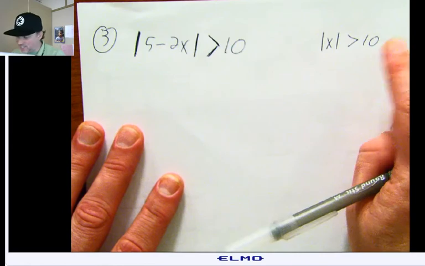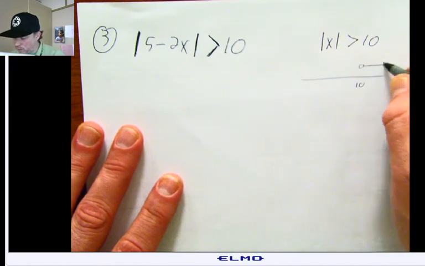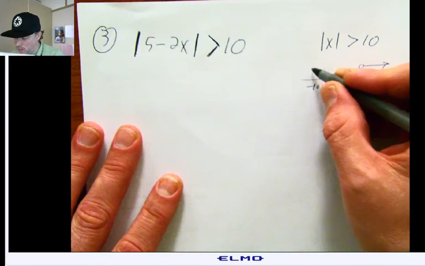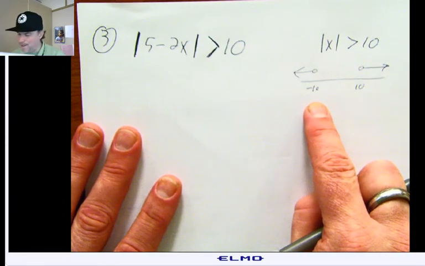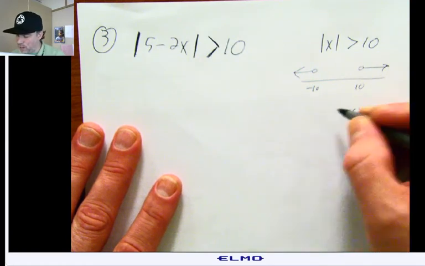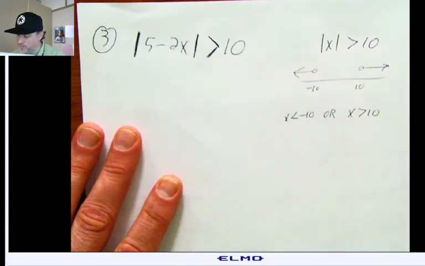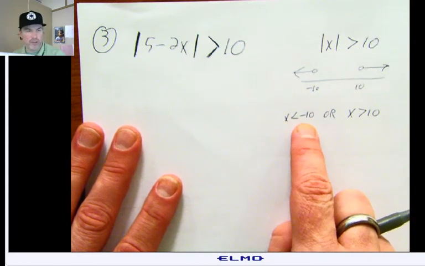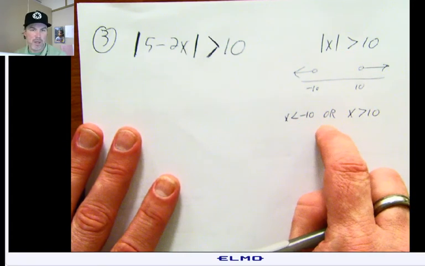Well, if it was this scenario, that's the one where you have a number greater than 10 or a number less than negative 10. So either x is greater than 10 or x is less than negative 10. So I flipped the inequality, changed it from positive to negative, and I slapped an or in between them.